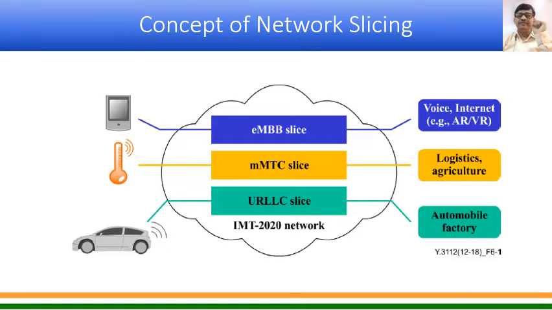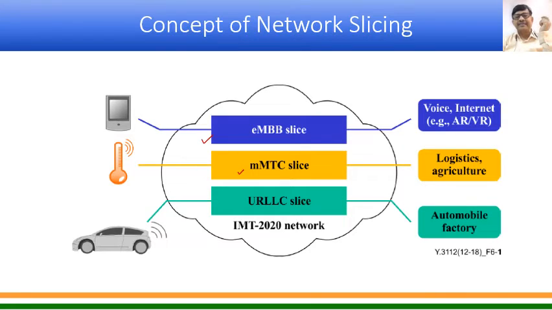As we know, 3GPP had defined three broad usage scenarios of 5G. Those were enhanced mobile broadband, eMBB, massive machine type communication, mMTC, and URLLC, ultra reliable low latency communication. In the example given in that document, within the 5G network end to end, I can have a slice which can be called the enhanced mobile broadband slice.